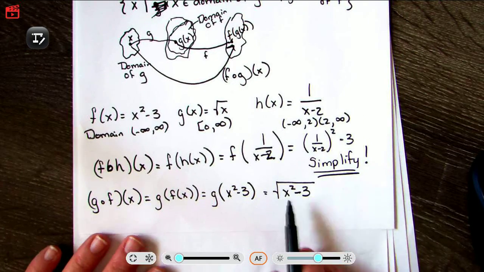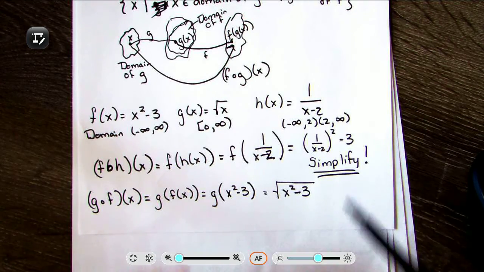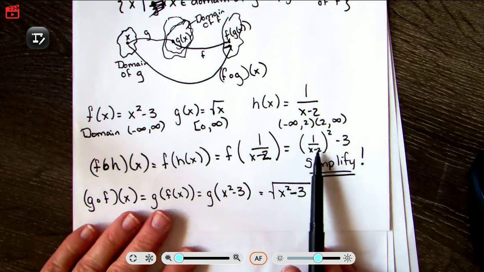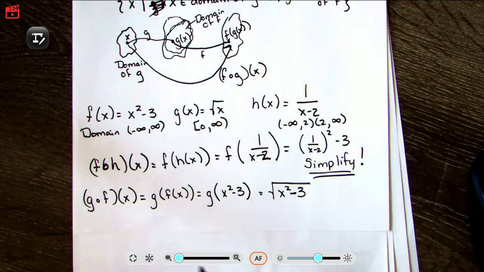Okay. Now if we were trying to find the domains of these things, I'm just going to talk through it. We're not actually going to do it because it's not something that we're going to stress in this section. This one could be all real numbers. Again, we'd throw out the 2 because that would make that denominator 0.